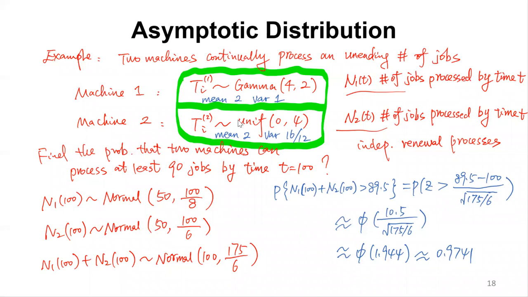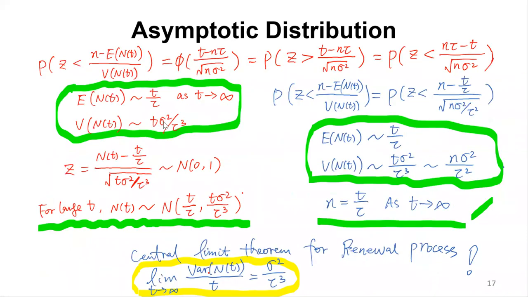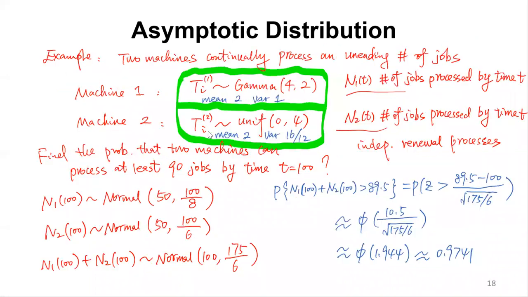And then the variance is 100 times sigma square, 1, divided by tau cube. Tau cube is 2 to the power of 3, which is 8. So the number of jobs processed by machine 1 by time 100 has this distribution.